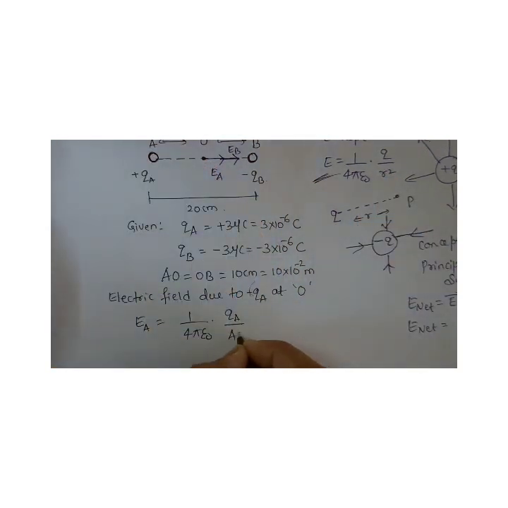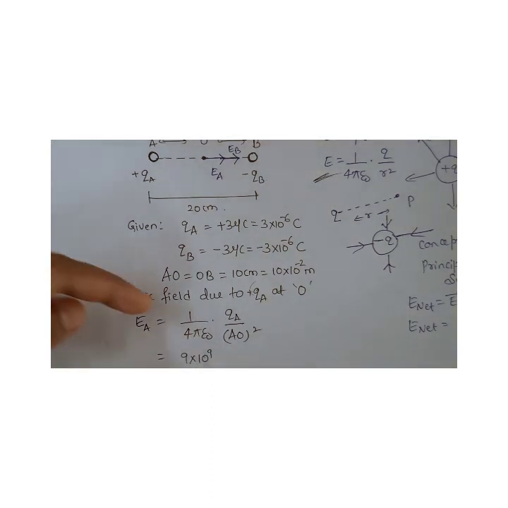AO the whole square. Now substitute. 9 into 10 raised to 9 is the value of the constant, remember it. QA is 3 into 10 raised to minus 6 divided by AO, that is 10 into 10 raised to minus 2 the whole square.